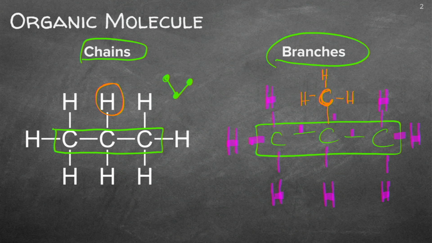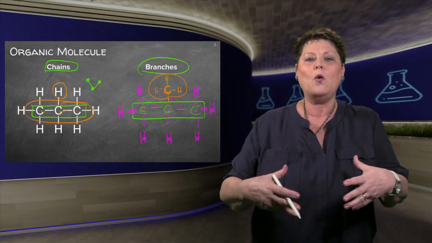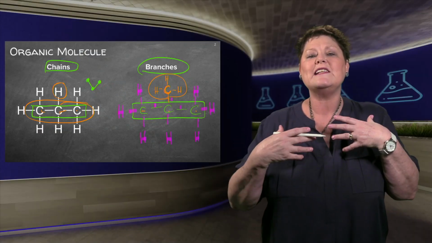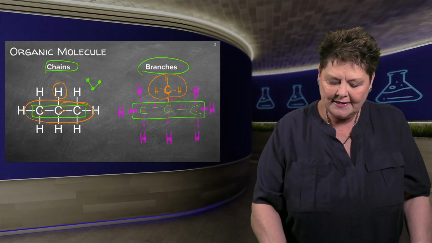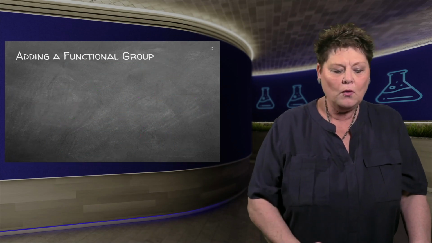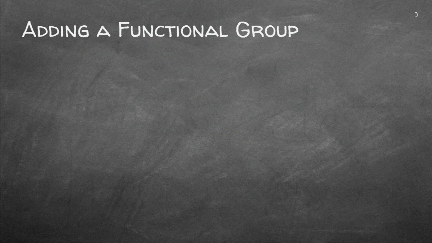Now, can you see the difference between this chain, 1, 2, 3 carbons, 1, 2, 3 carbons, but an additional carbon added there? That we call a branch or a substituent. So let's see what can happen. We can add functional groups.